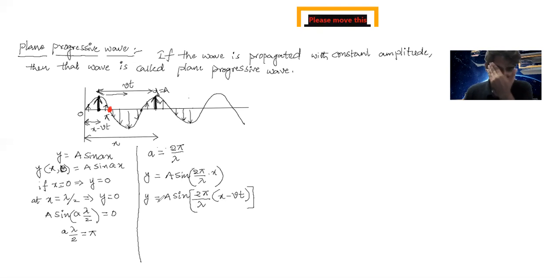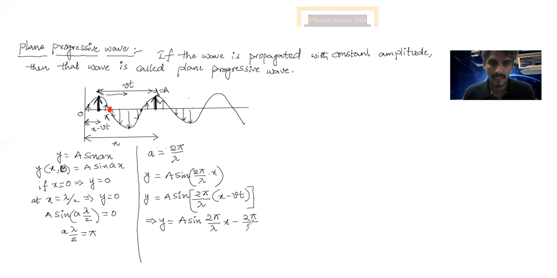Now this is y. Now we can write it as y is equal to a sine 2 pi by lambda into x minus 2 pi by lambda into v t. How can we write this v value? v can be written as wavelength by time taken, that is lambda by T, into t. Now see here, lambda and lambda get cancelled.